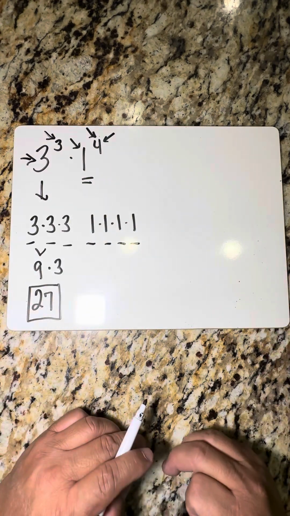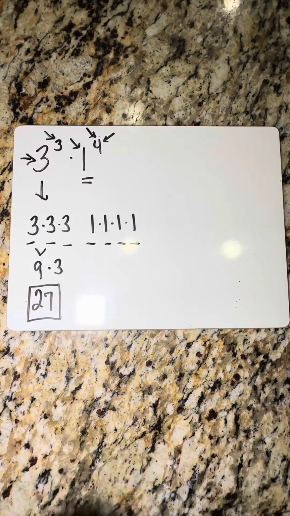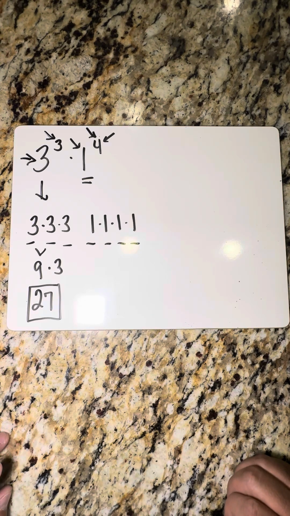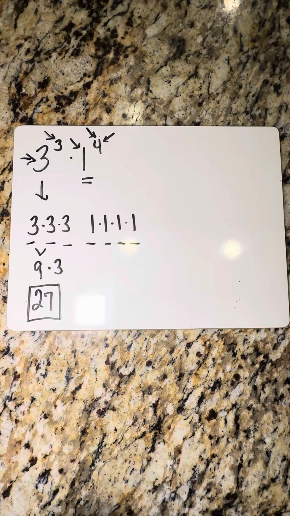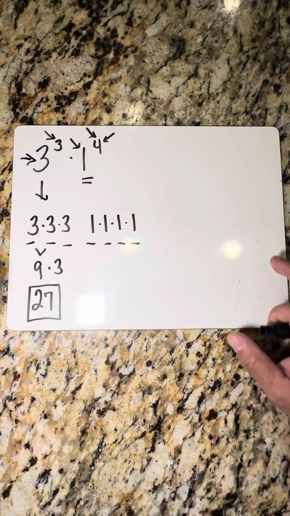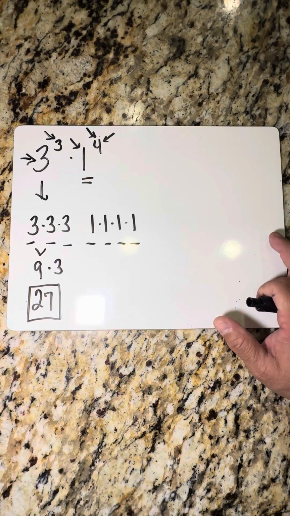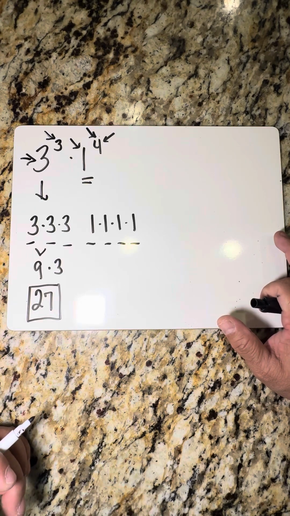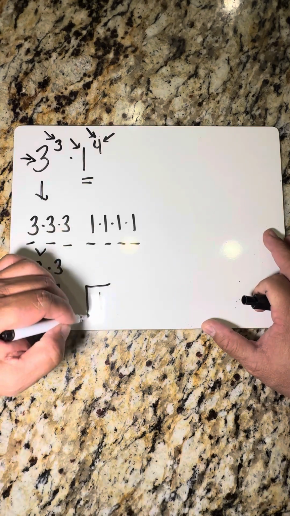Once we have done so, we are free to multiply. Anytime you multiply any number with 1, it comes out the same. For this problem, it's 1 times 1 times 1 times 1. Regardless of how many times you multiply 1 with 1, it's always going to end up being 1.